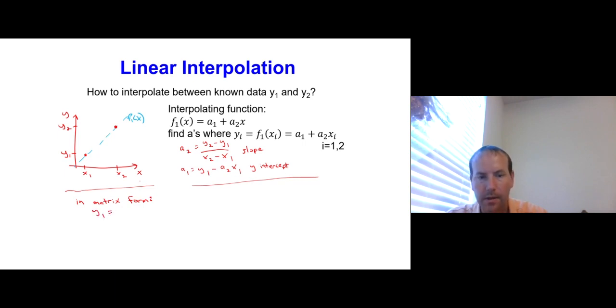We've got a general equation of y-intercept plus the slope times x, and we plug in the specific values that we've got. And y2 was a1 plus a2 x2. And so now we can rewrite this as matrices.